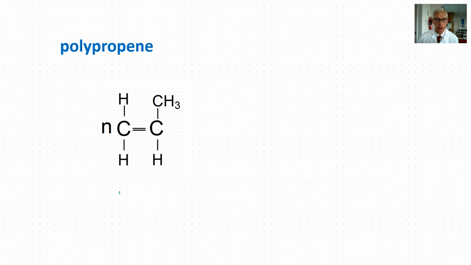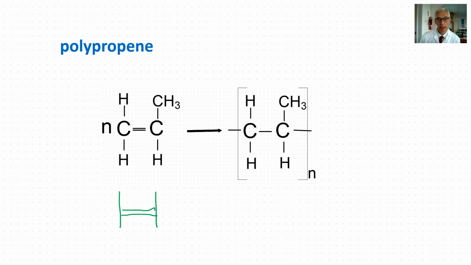Now, as mentioned on the previous slide, if you represent and draw propene in the shape of a capital H, the polymer geometry becomes very straightforward to understand. If you represented propene as a straight line, it's much more difficult to predict the polymer chain. So this is where this technique of drawing the alkene in the shape of a capital H really helps.